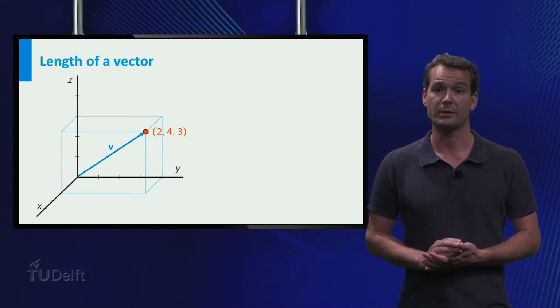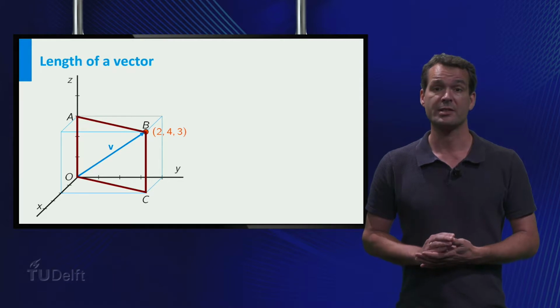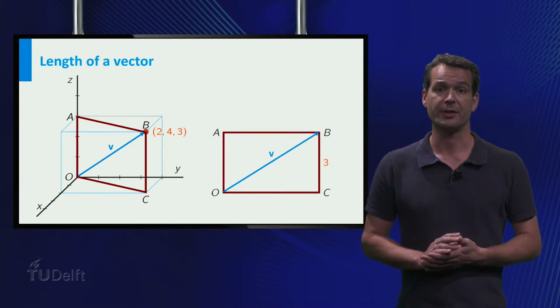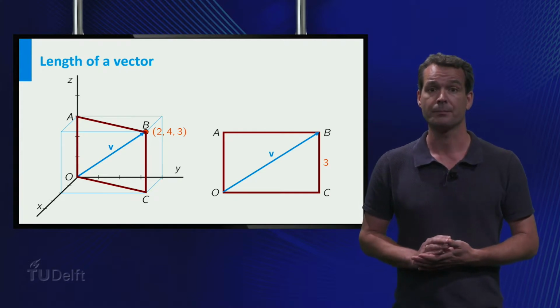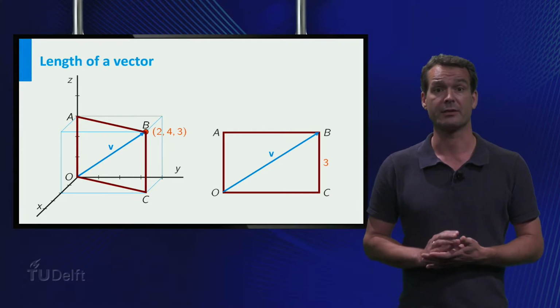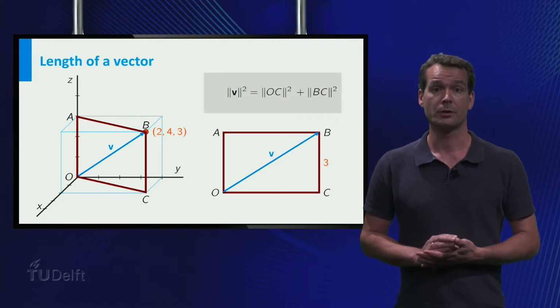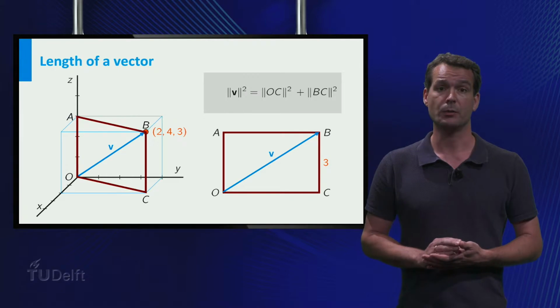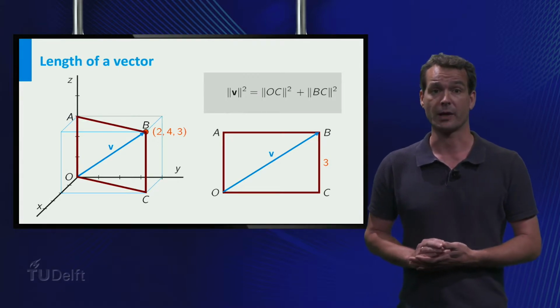Let's try to calculate the norm of our vector. Remember that this is just the length of the arrow. As you can see in the picture, the vector v is the hypotenuse in the right triangle OBC. So we can use the Pythagorean theorem to calculate its length. Then the norm of v squared is equal to the norm of the vector BC squared plus the norm of OC squared.